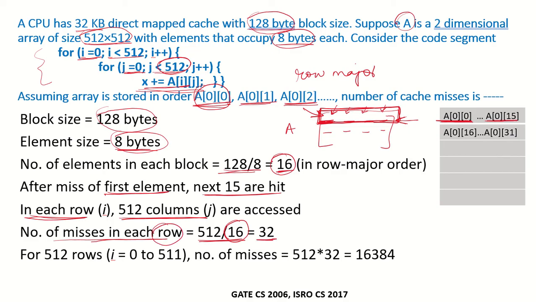And how many rows are there in total? There are 512 rows. So for 512 rows, the number of misses will be 512 into 32, which gives us 16384. So this is the total number of misses in accessing this array.